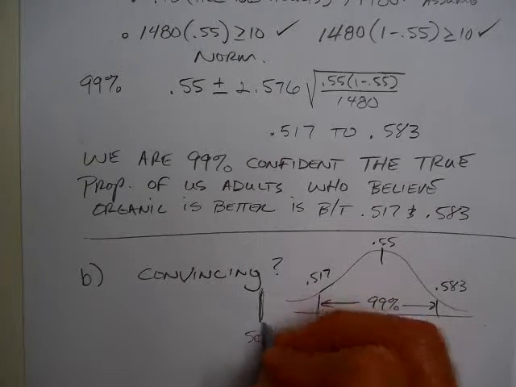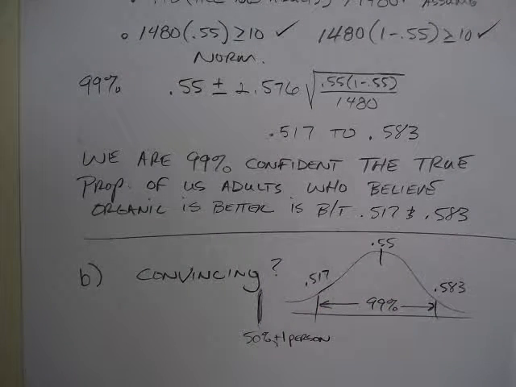Yeah, it's going to be way out over here somewhere. So I think it is convincing. I would say that it is convincing because it's in the tail, right? It's in the tail. It's convincing.